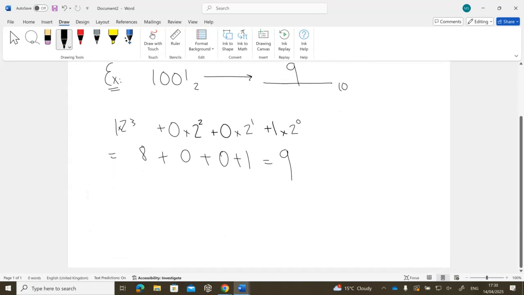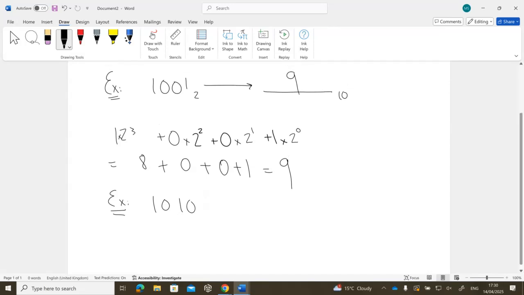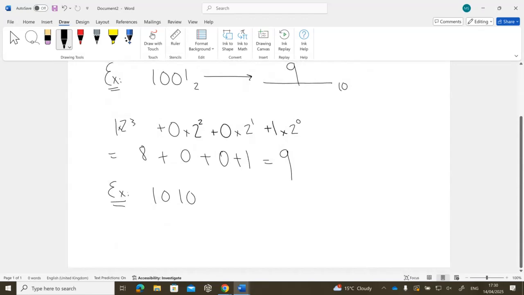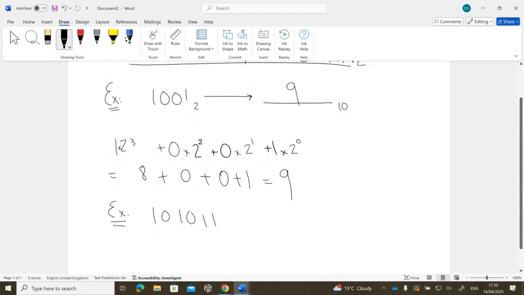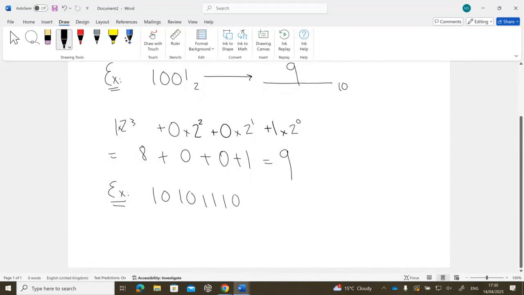Okay, try one more. Any questions here? It's not difficult if you get it. Okay, try and do this: 1 0 1 0 1 1 1 0 in base 2. All right, 5 minutes, tell me the answer.